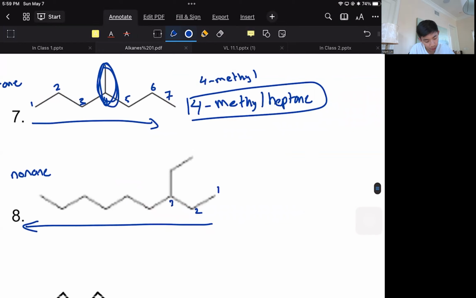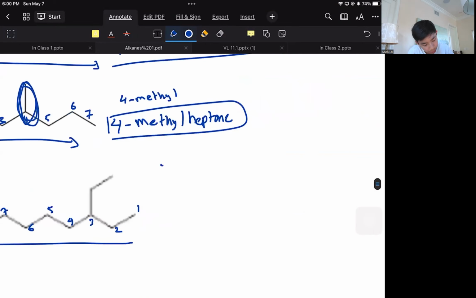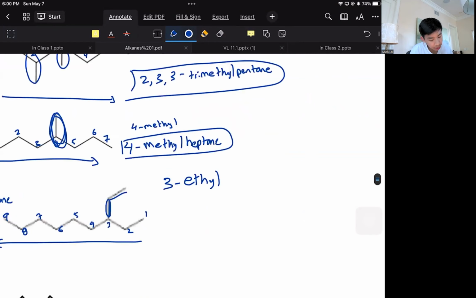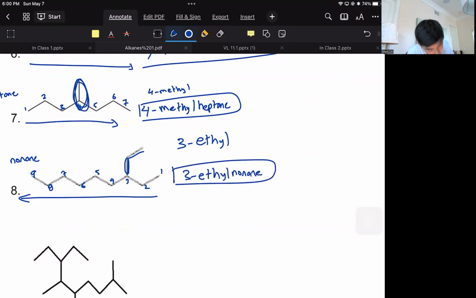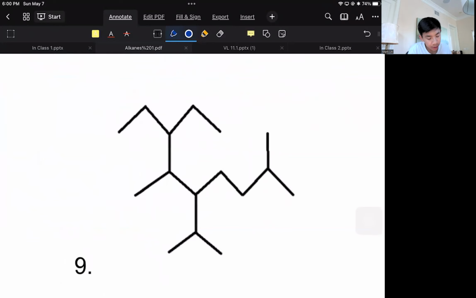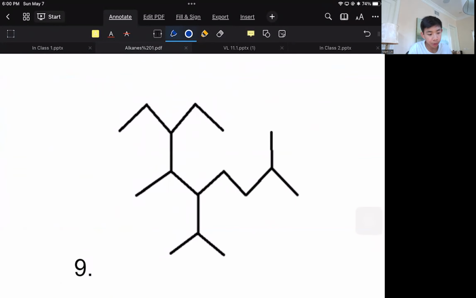Let's quickly number them. Number 3 is a little trickier one. Since there's 2 carbons, 1, 2, it's going to be an ethyl, 3-ethyl. To finally name it all, it's going to be 3-ethylnonane. All right, number 9 is a little trickier, but don't worry.